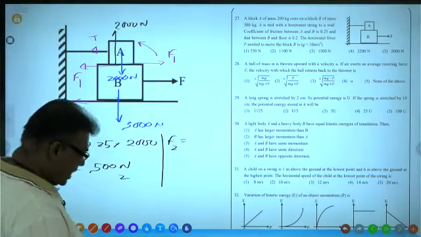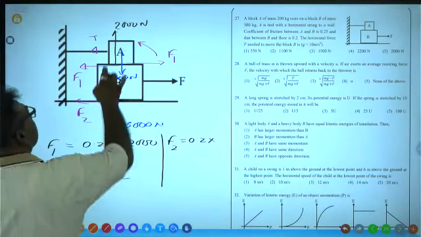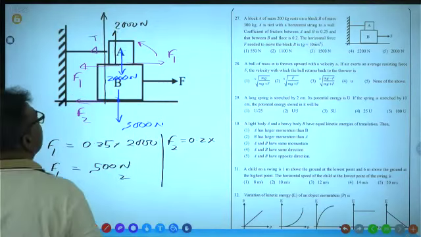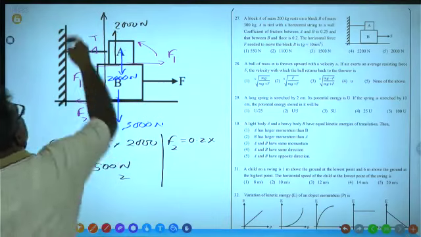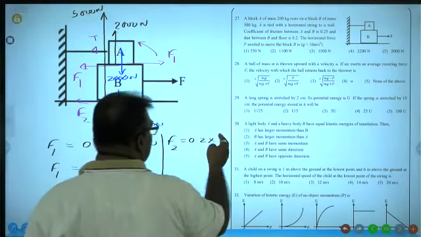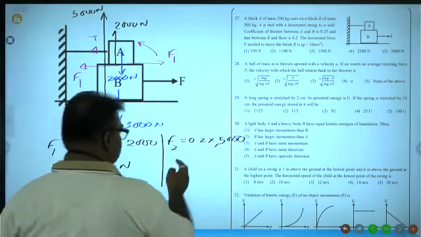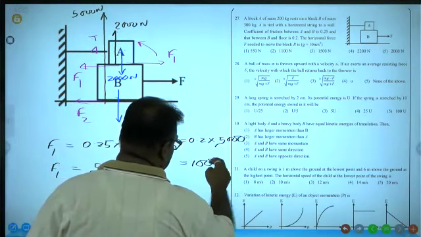We have B on the floor, which is 0.2. Total normal reaction is 2000 plus 3000. It would be 5000 Newton. Then we have here 5000. Done. It would be 1000 Newton.